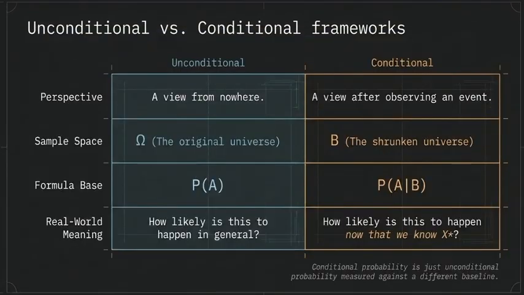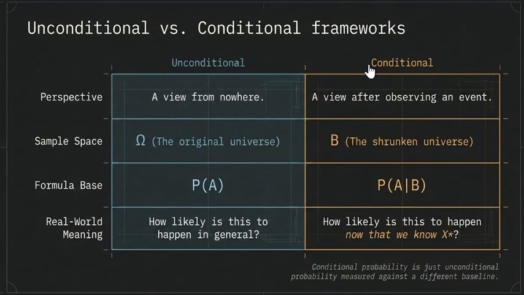Okay. Now the next thing is unconditional versus conditional framework. Unconditional means a view from nowhere, and conditional means a view after observing an event has occurred. So in this, the sample space will be the original universe.